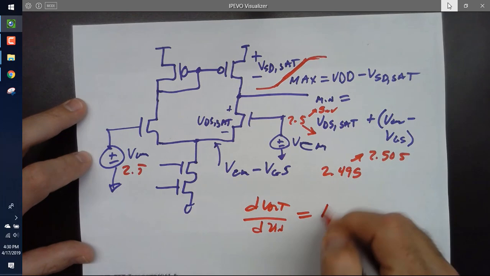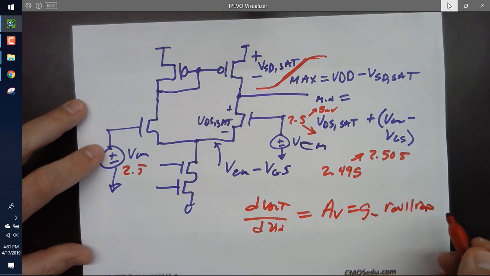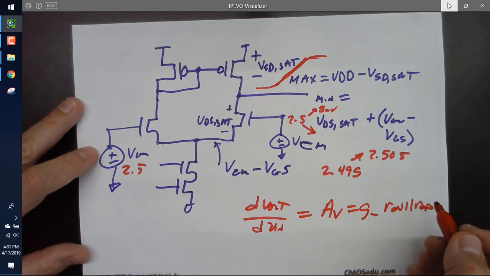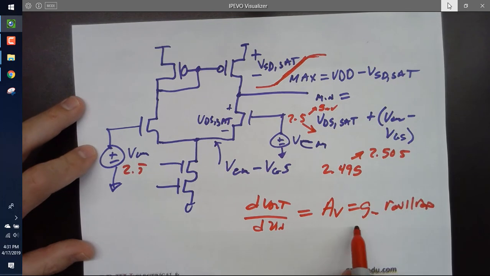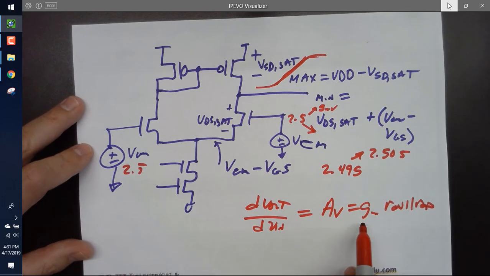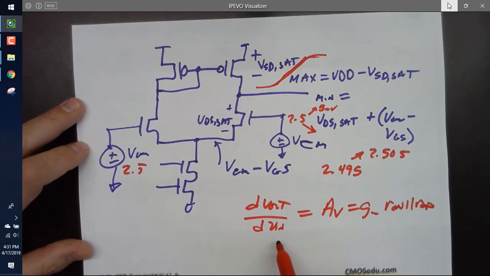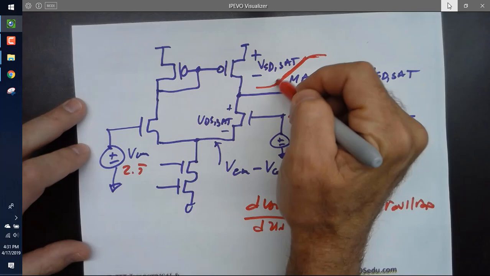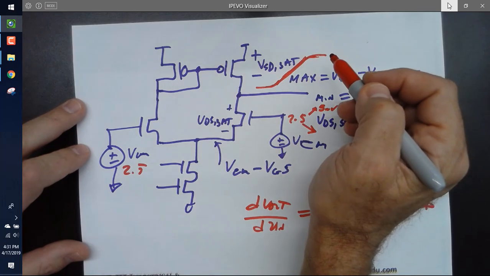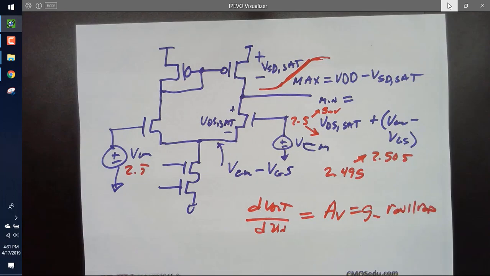The gain. GM R out N in parallel to R out P. Well, I'm changing V out with a change in V in. Isn't that the gain? Isn't that the derivative? And so when it starts to flatten out, what does that mean about the gain?